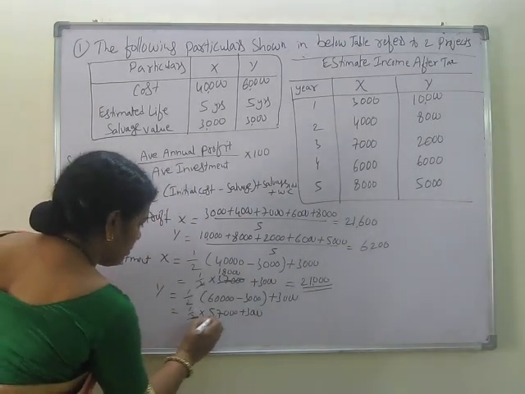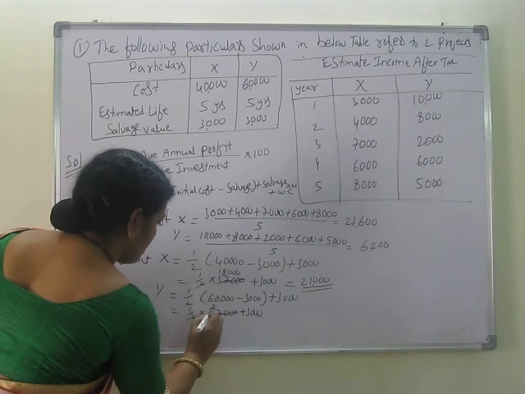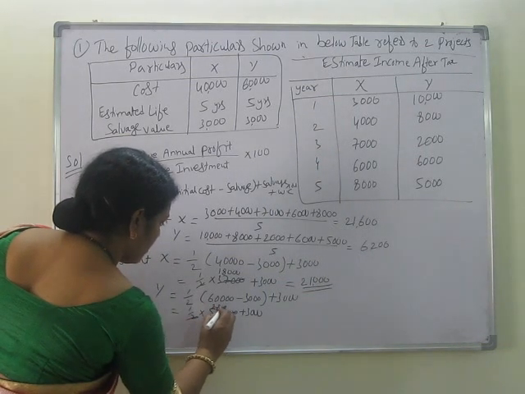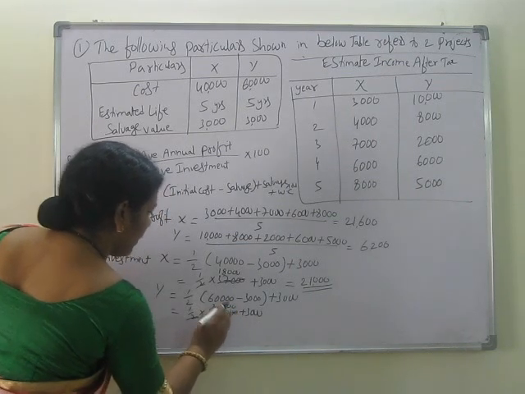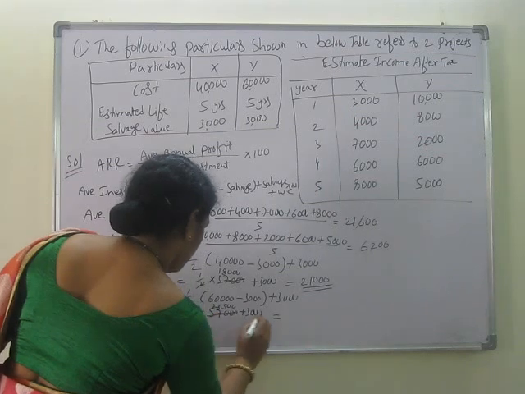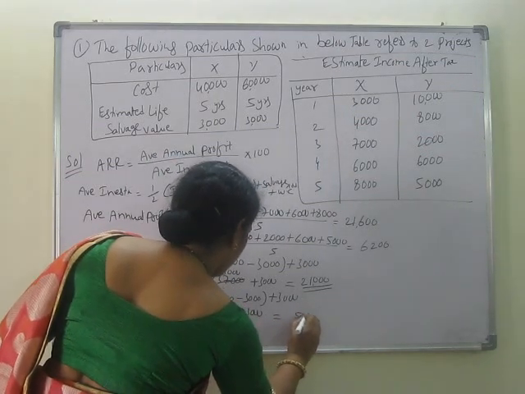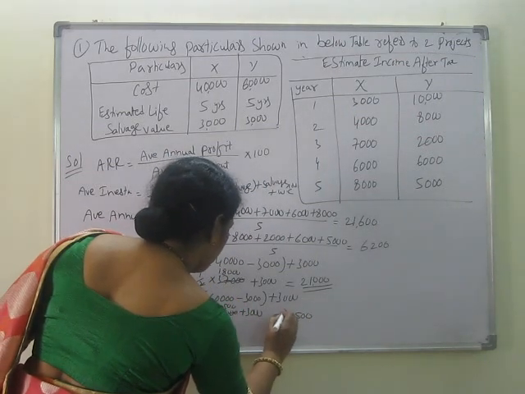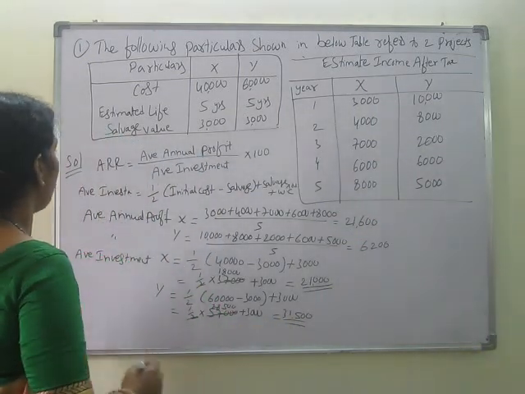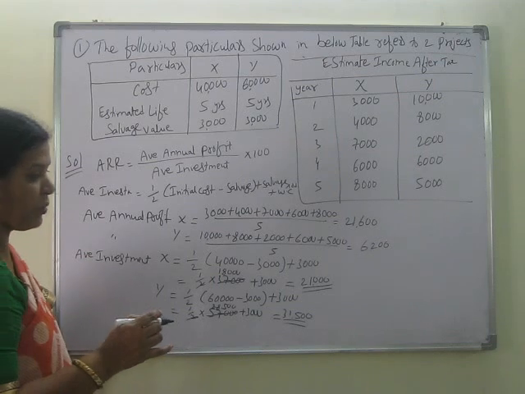Half of 57,000 is 28,500, plus 3,000. So it comes to 31,500. So we'll apply ARR for projects X and Y.